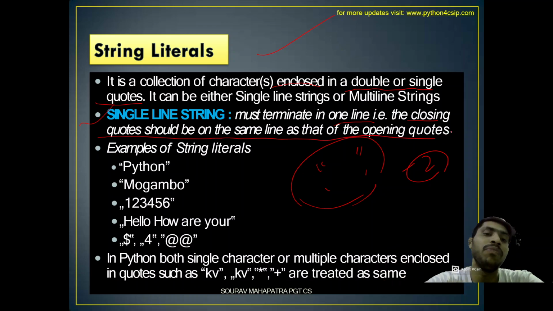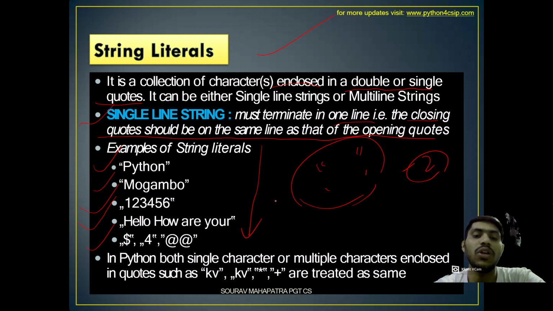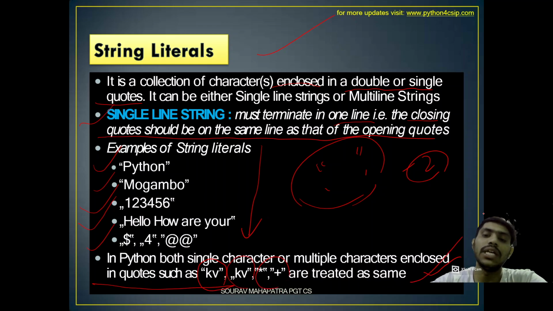There should not be any other line break. In Python, both single characters and multiple characters are enclosed in quotes, such as KV. Multiple characters are enclosed as a string, but they should be within single quotes or double quotes. Clear?